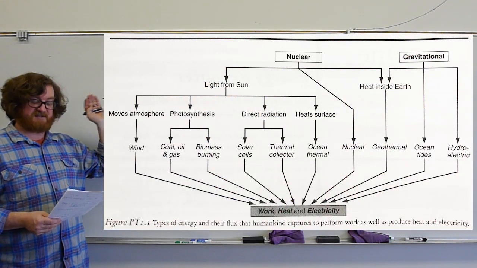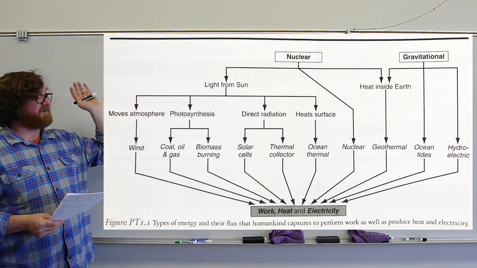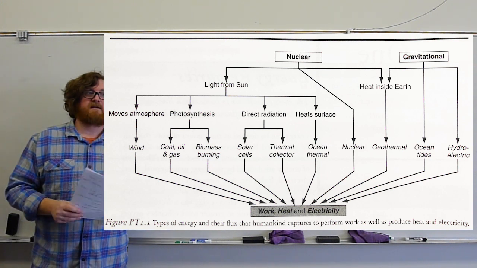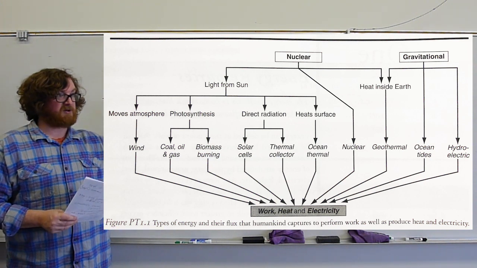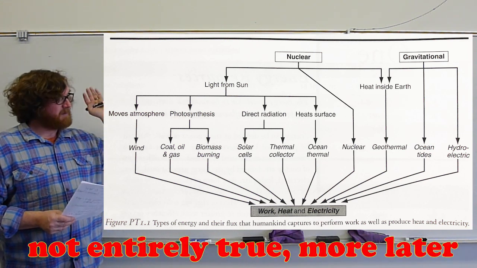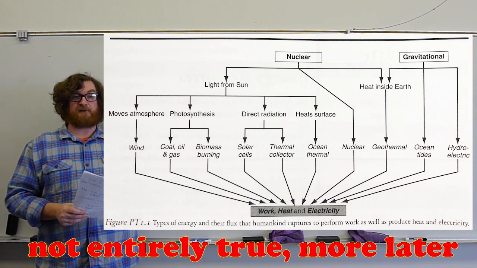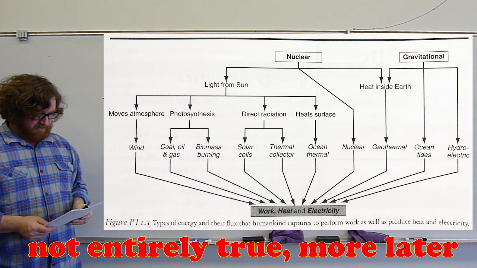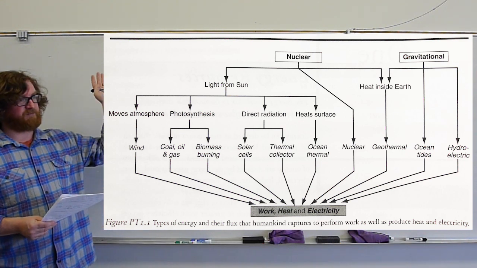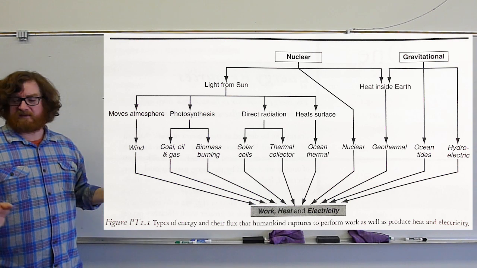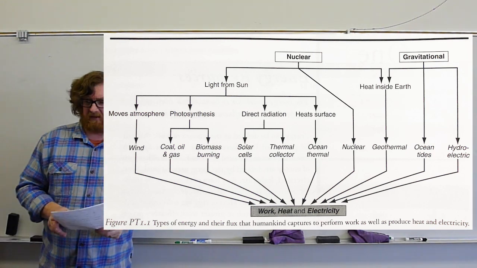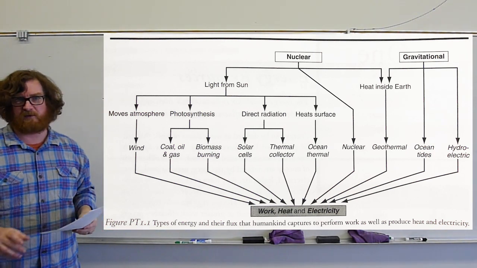The difference causes wind. We've got photosynthesis, which is plants. So we've got coal, which is derived from plants. We've got animals that eat those plants, so oil is derived from animals. Solar radiation. Anyways, lots of different types of energy here. And again, we're going to spend some time over the course of the semester going through that.